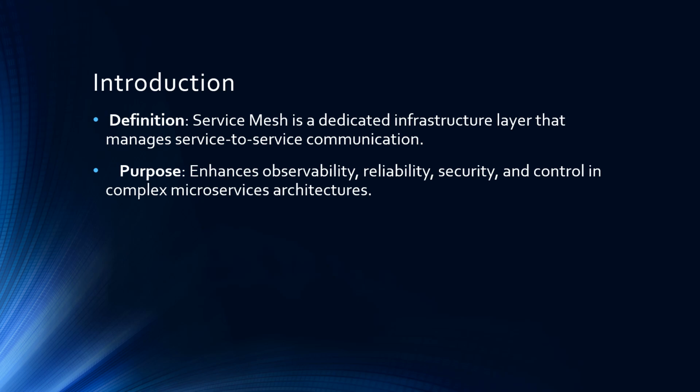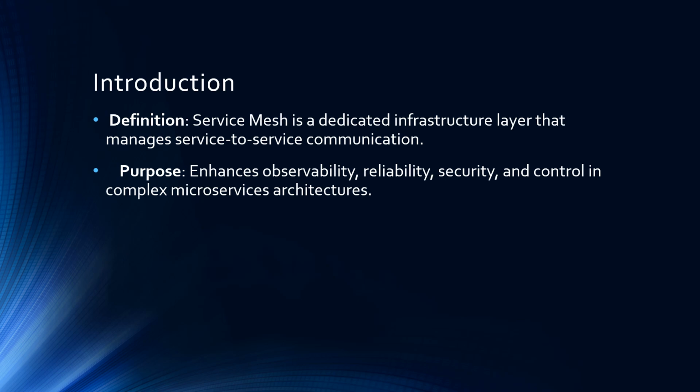This means you don't have to implement these security features in your application code. Control allows you to implement sophisticated traffic management patterns like A/B testing, canary deployments, and fault injection for testing, all without modifying your application code. As we progress through this course, you'll see how these capabilities translate into practical benefits for your applications and your development teams.